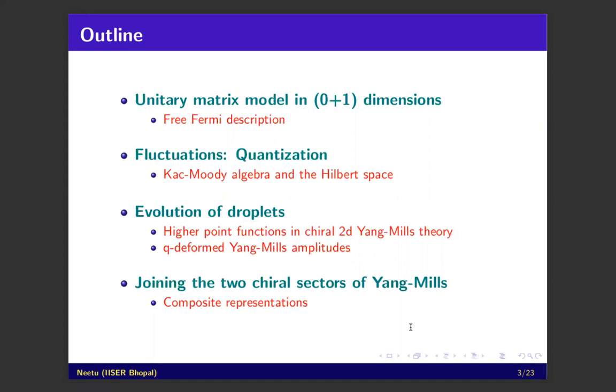Now the 2D Yang-Mills theory factorizes into two sectors, a chiral and an anti-chiral sector. We'll get those two sectors separately, and then we'll see how in this Hilbert space formalism we can join those two sectors to get the full partition function of the theory. For that, we'll need composite representations. So I'll introduce those.